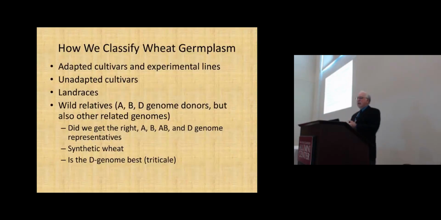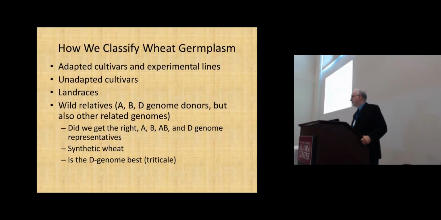Now, how do we classify wheat germplasm? We classify it mainly by adapted cultivars and experimental lines. We have then unadapted cultivars. Wheat is the most widely grown crop in the world by acres and probably by ecological diversity. We have winter wheats. You think about how cold it is when you came to work here. The wheat's sitting out in Nebraska just saying, hey, we can take this, no problem, okay?